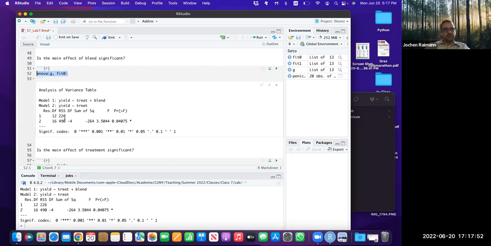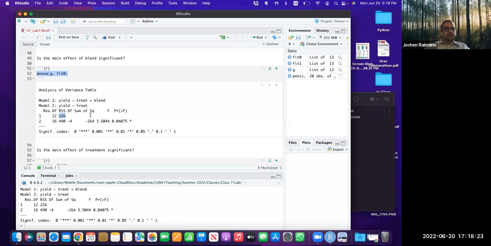So the prediction as per your model where you have treatment and blend included, versus your model where you have yield only as a function of treatment. You see that the inclusion of blend has given you significantly more explanatory power. You have a smaller residual sum of squares.